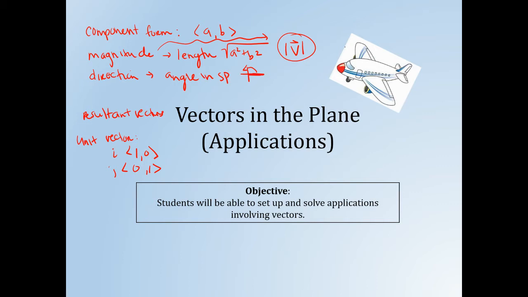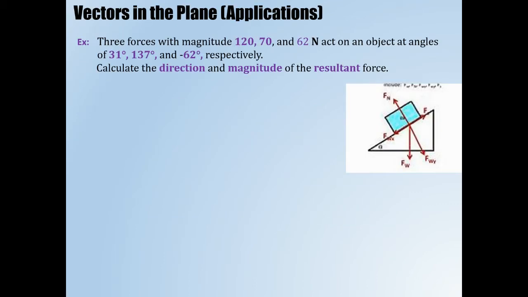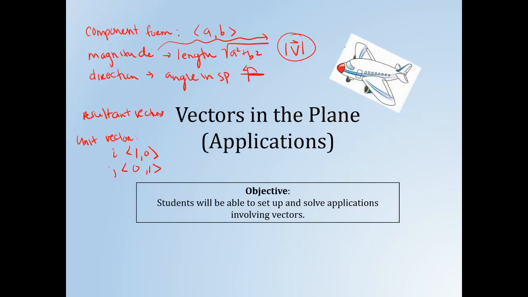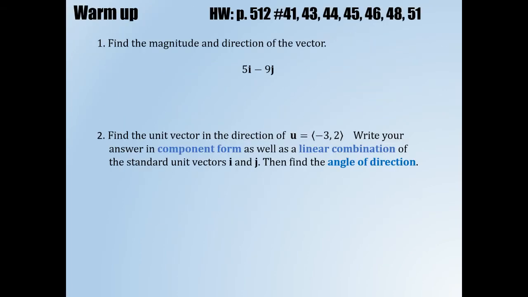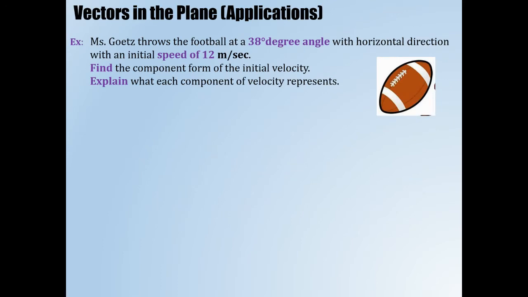Linked on the page is an example sheet that you have. If you want to pull that up, I'm going to be going through some of those examples right now. Let's get started with number 1. I went backwards, it's okay.